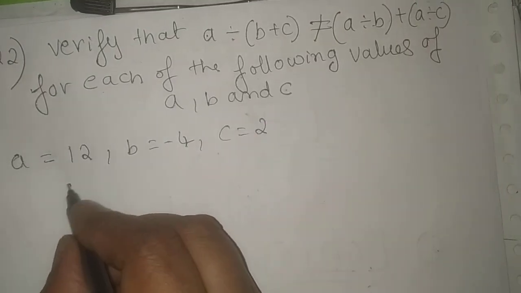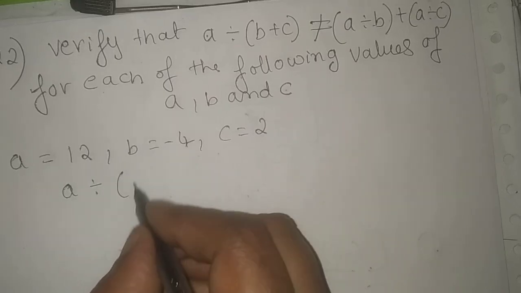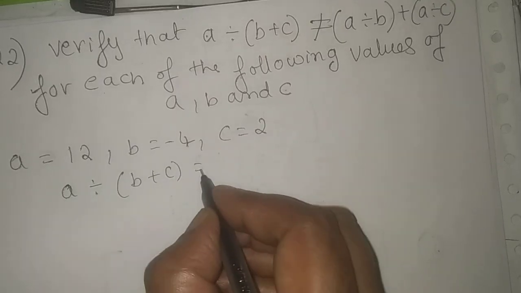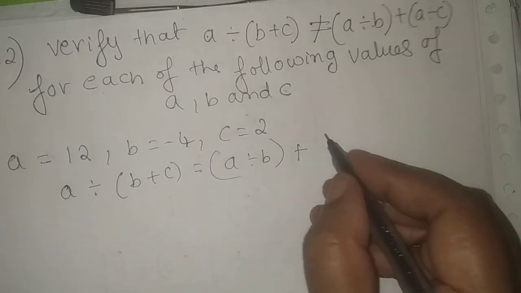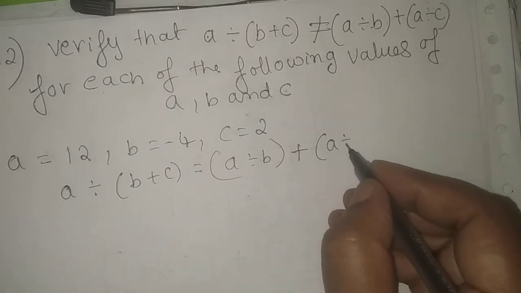So we'll take the given form and verify that A divided by (B plus C) is equal to A divided by B plus A divided by C.